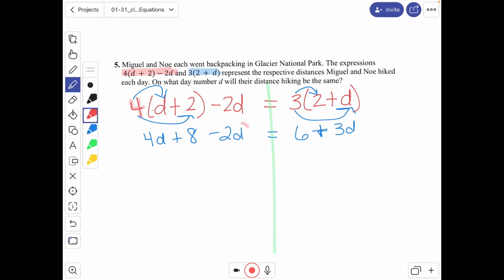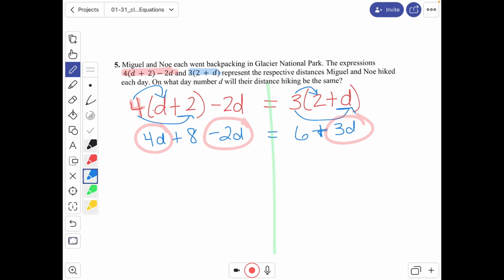So first we want to combine those like terms because I have d's on both sides. So let's put the ones on the left together first. So 4d minus 2d makes 2d because 4 minus 2 is 2. So 2d, plus the 8 equals 6 plus 3d.